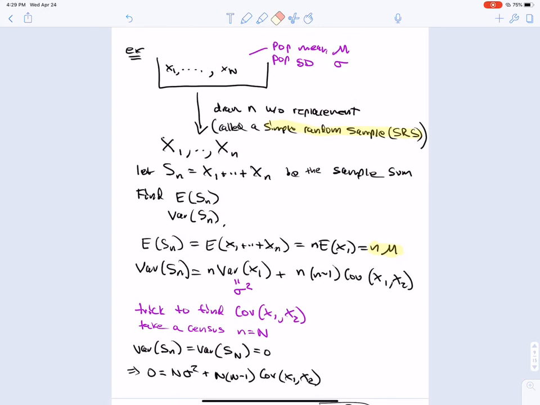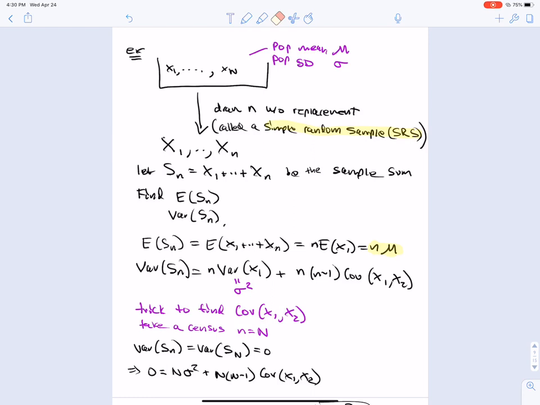So now an application of this, imagine that you have a box with x1 to x capital N, having population mean mu, population SD sigma. We draw n without replacement. This is called a simple random sample. So x1 to xn. So Sn is the sum x1 to xn.